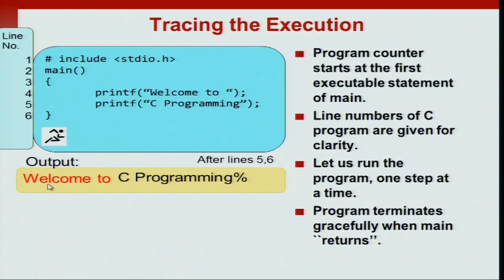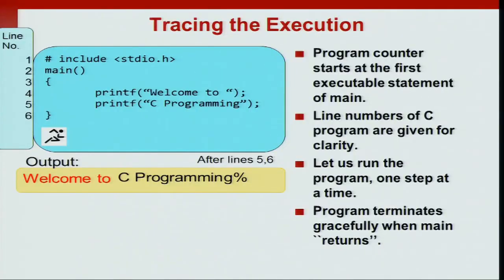I have given this in two different colors to highlight that one was printed by the first line and the other was printed by the second line. Otherwise, the colors have no special meaning. The program terminates when the main finishes execution, and this is what is typically known as returning from the function. Okay. We will see this terminology later in the course.